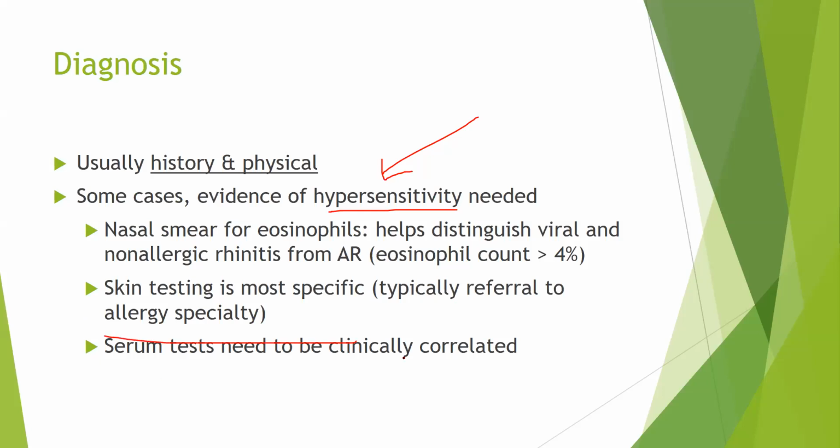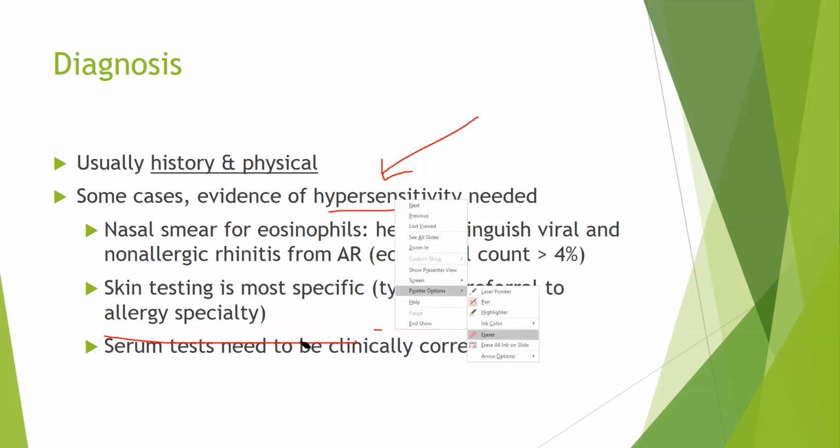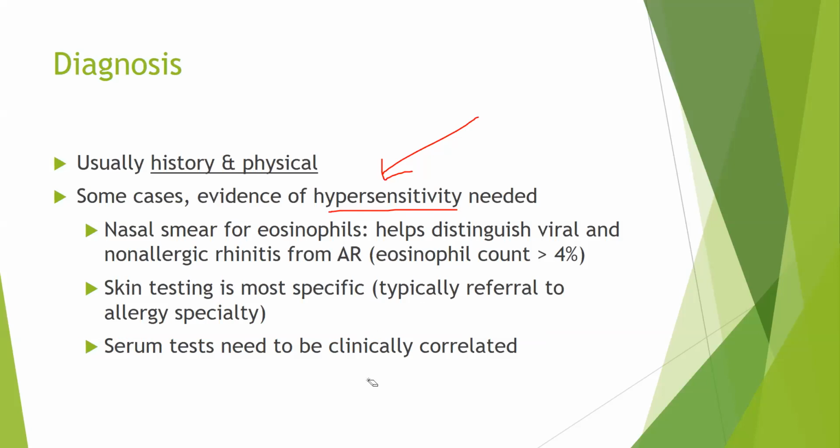Serum tests need to be clinically correlated. However, serum tests are a little bit difficult because a lot of times if they think they have an allergy, then they're keeping those allergens away from the child. So the way that the body works is you're not going to see that antibody in the blood because the child has not been exposed to those allergens. So you can get false negatives.